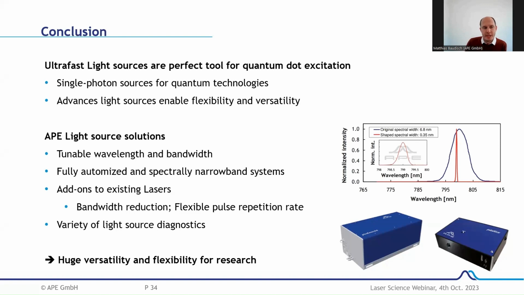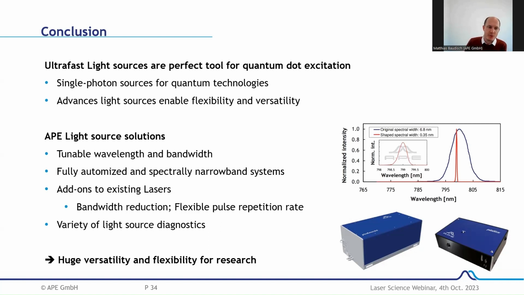And APE offers a lot of this kind of light source, for example, providing tunable bandwidth and tunable wavelength. The systems are fully automated. You get spectrally narrowband pulses. And on top of it, we also offer a lot of add-ons and improvements for your existing lasers, like bandwidth reduction, flexible pulse repetition rate, or others.